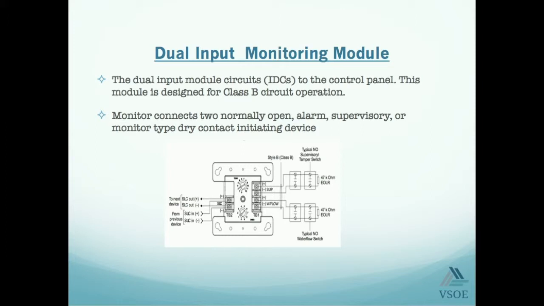The dual input monitoring module has an input for select line circuits, and it comprises of two circuits which allows for normal open supervisory tamper switch or normally open water flow switch.